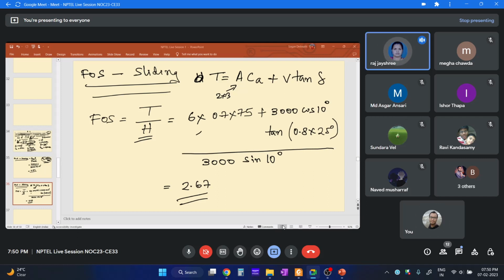Actually, I don't have any doubt in this example, but I just wanted to ask what is the difference between C and CU? CU is the undrained cohesion. It is determined in undrained condition. Suppose you use the triaxial experiment in undrained condition, you will get the CU value.